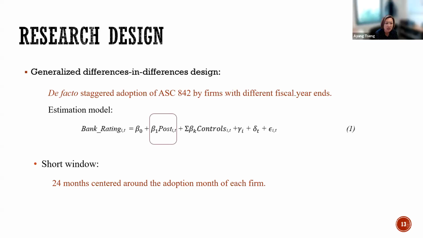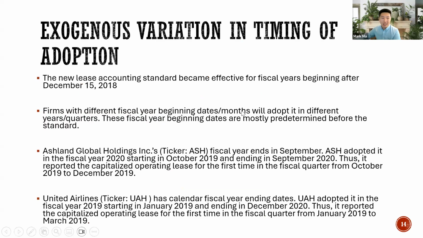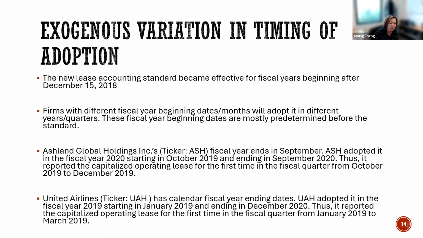On your slide you say it's a generalized difference in differences. So what's the second layer of difference in your design, other than pre-post? Because different firms adopt this standard at different times, and that's what I will explain in the next slide. There is actually exogenous variation in the timing of adoption.